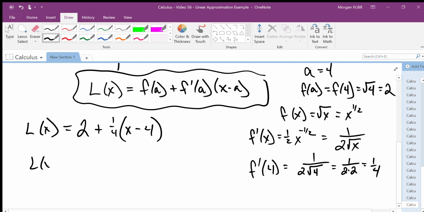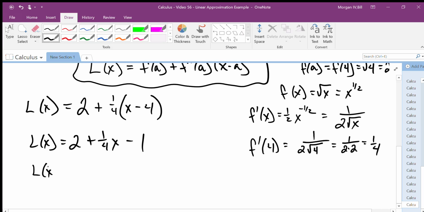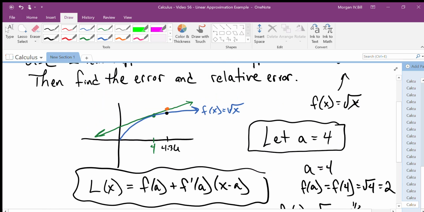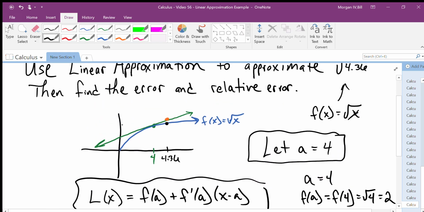And we get L of x is equal to 2 plus 1/4 times x minus 1/4 times 4. I can combine the 2 and negative 1 to have the equation of my line equaling 1/4 x plus 1. That is what I will use for my linear approximation. If I take a look at that in the picture that I've drawn, does this green line look like L of x has a slope of 1/4 and a y-intercept of 1? Yeah, I think I'd buy that.